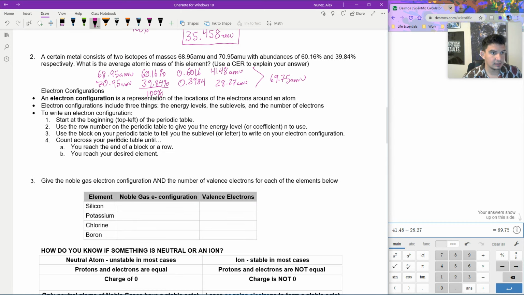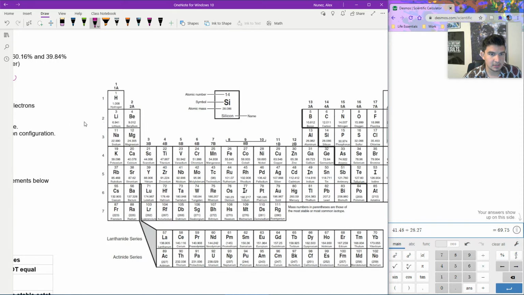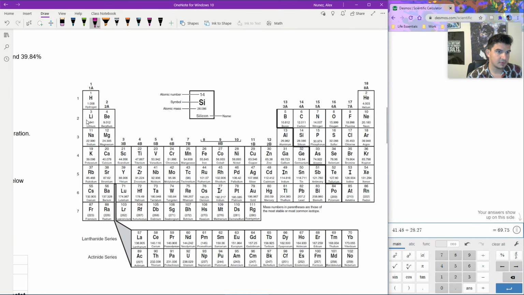Next, we learned electron configurations. Electron configurations are easiest to understand based on the periodic table. So we learned all about the multiple orbitals, starting with the s orbital, which can only hold 2. So that is represented by the fact that in these groups, there's only 2.